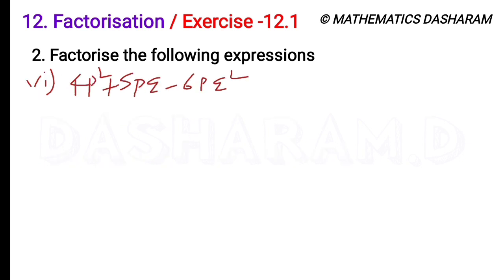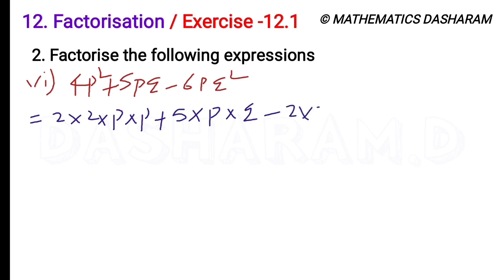Next, sixth problem, 4p square, 2 into 2 into p into p, plus 5pq, 5 into p into q, minus 6pq square, 2 into 3 into p into q into q. It is equal to, here 2 is common from the first and last, but 2 is not available in the middle. Next p, yes, 1 p common.